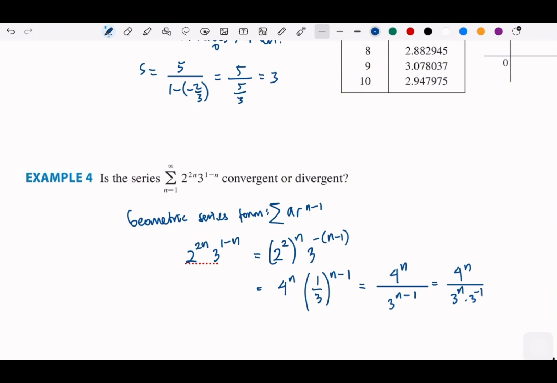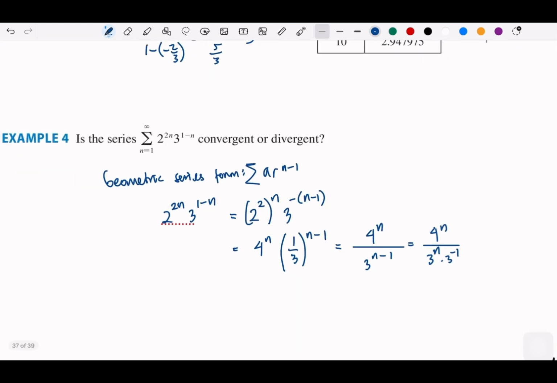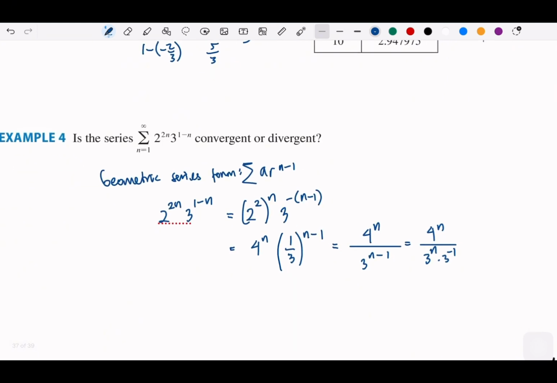Since we have the power of n, I would like to write it in n minus 1, so I need to multiply by 4 and then write it as 4 over 3 to the power of n minus 1. So we are going to have A is 4 and R is 4 over 3.